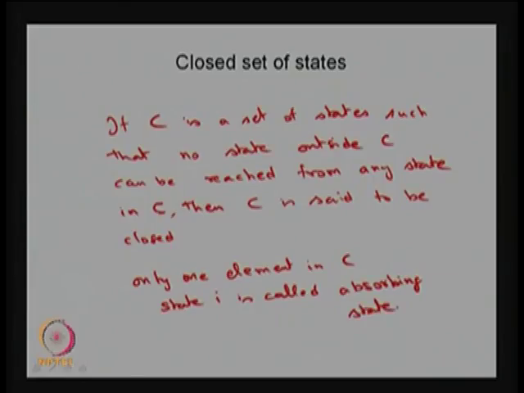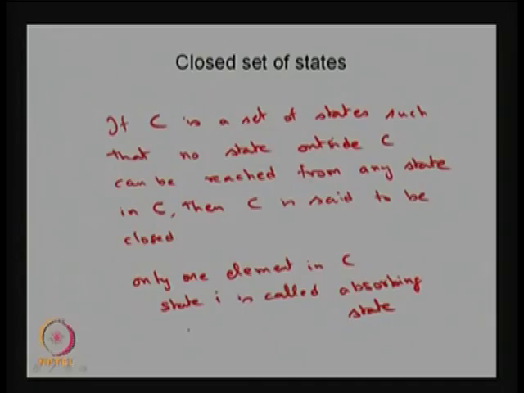A state i is said to be an absorbing state if it forms a closed communicating class which has only one element in that class. More than one element is also possible in a closed communicating class. So, we can define the absorbing state through the closed communicating class, or using the definition P_ii in one step is equal to 1.